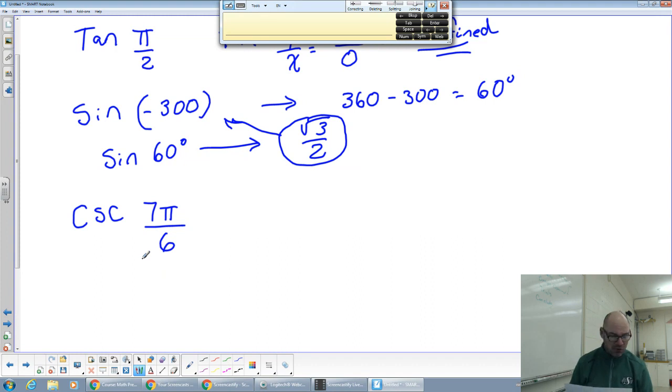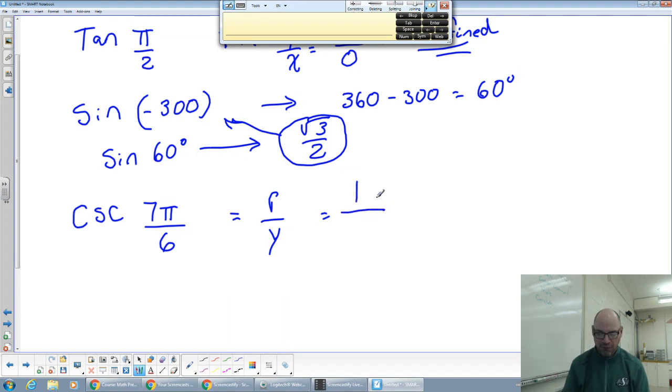So cosecant, that one's the one that goes with sine. So that is r over y. Basically it's going to be 1 over the y point, or 1 over the sine point, if you like, which equals 1 over y.